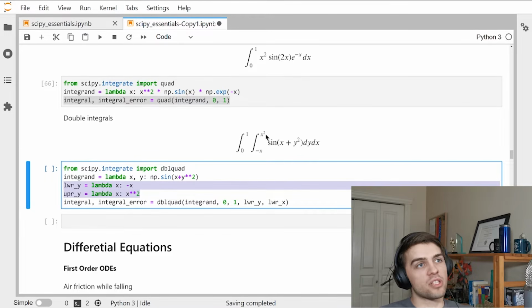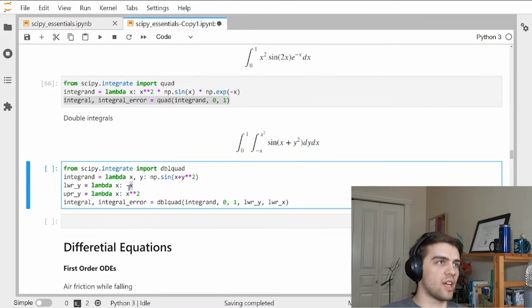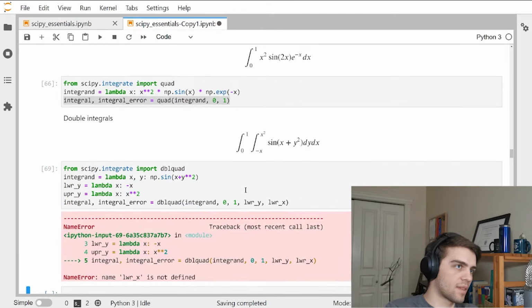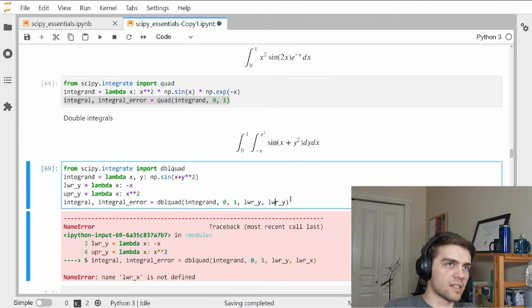These could also be just numbers, and then I would just return a number in these lambda functions. For example, if this was negative 2 to 2, I would just return negative 2 and 2 here. Remember, it goes from lower y to upper y, and these are functions of x.